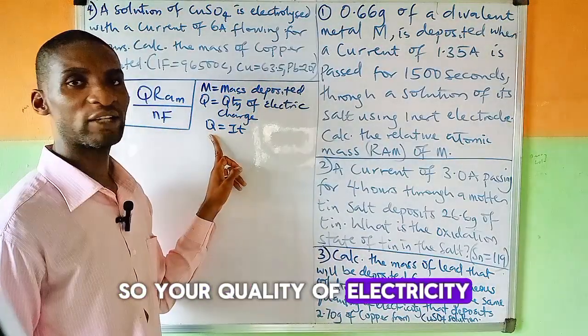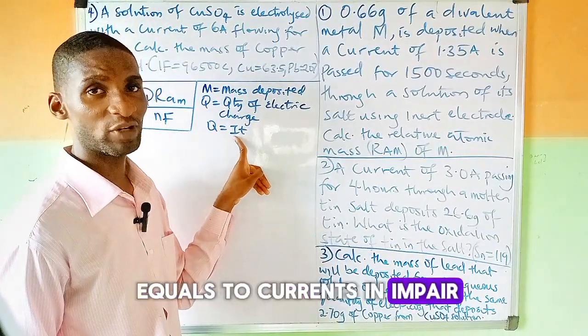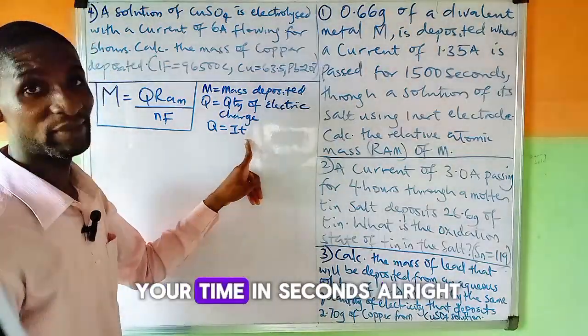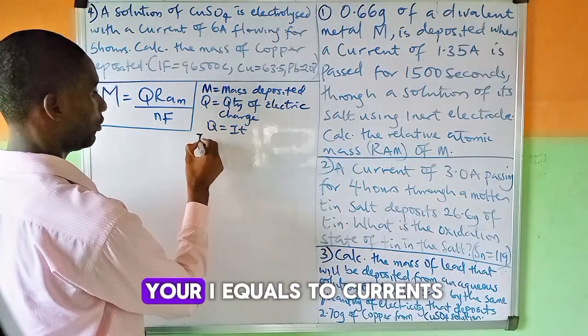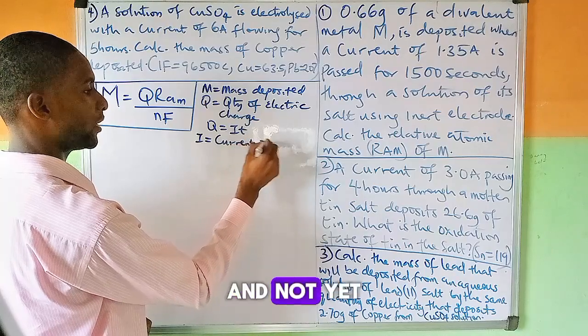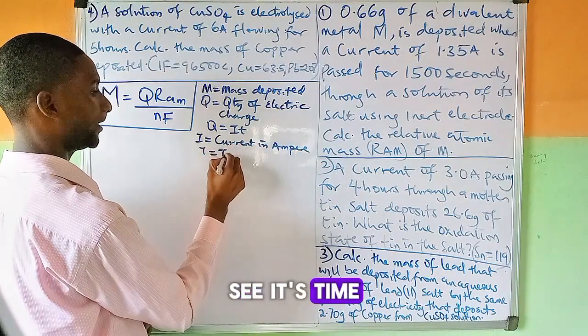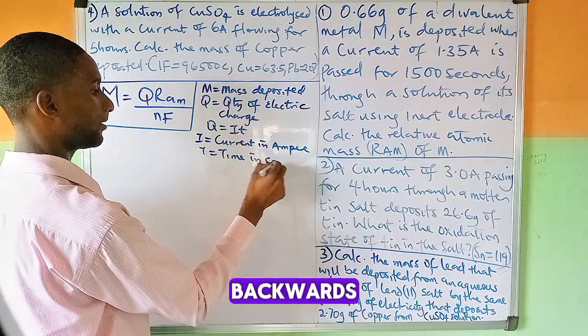So your quantity of electricity is equal to current in ampere, which is I, times your time in seconds. I is the current in ampere, T is time in seconds.